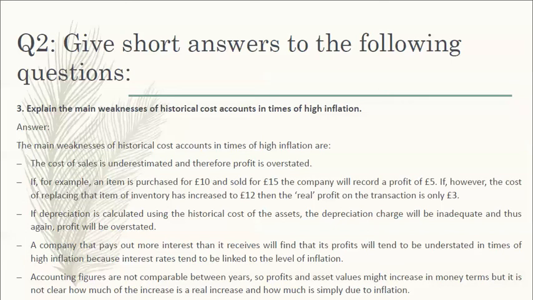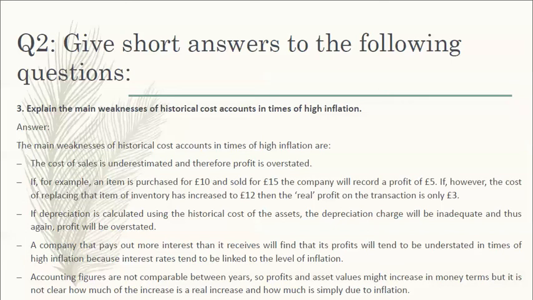So if I am not able to compare the accounting figures between the years, the profit and asset value may increase in money terms, but it is not clear how much of the increase is real. Is this increase real or just like the example that we mentioned in the second point?